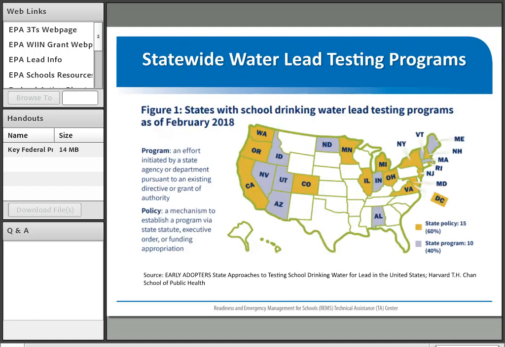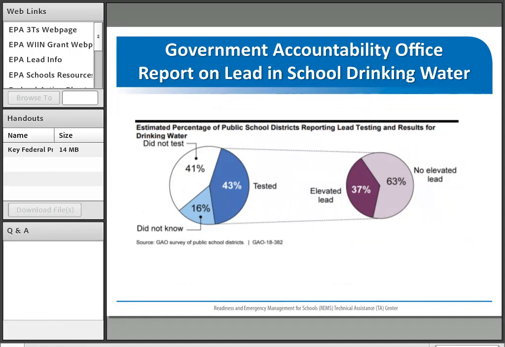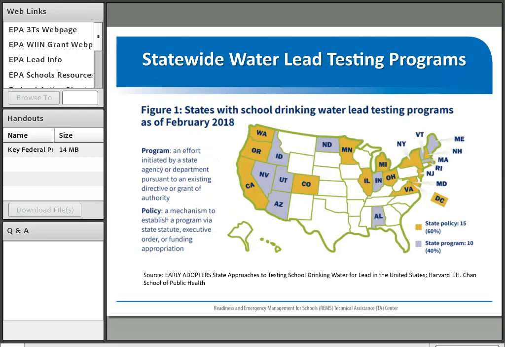The Harvard Chan School of Public Health also produced a report called Early Adopters: State Approaches to Testing School Drinking Water for Lead in the United States, and found that as of February 2018, 24 states and the District of Columbia had developed statewide school drinking water lead testing initiatives. EPA has also conducted research on this topic, which we've highlighted in the resources and web links.